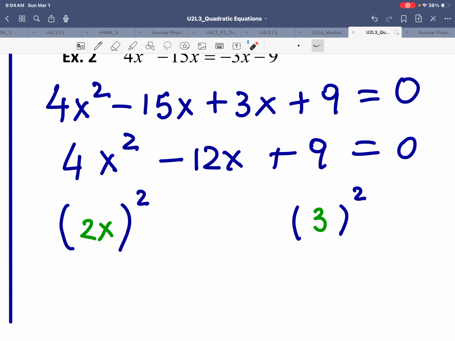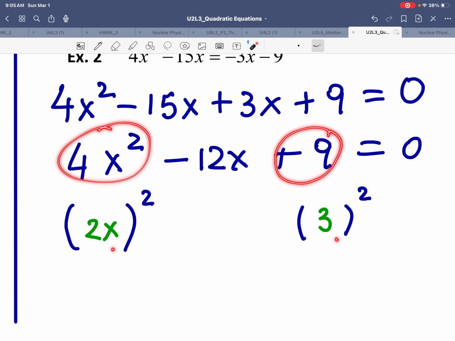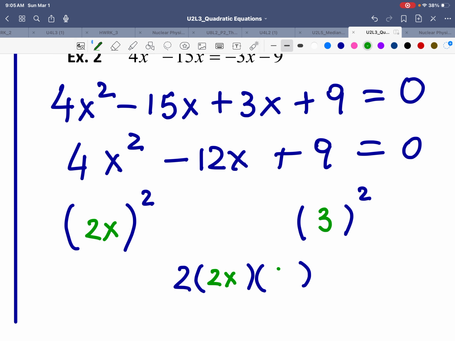Now, fair warning, just because the first term is a perfect square term and the last is also a perfect square term doesn't guarantee that this is a perfect square trinomial, because we need to have the middle term equal to double of the first with the second, so double 2x and then 3.